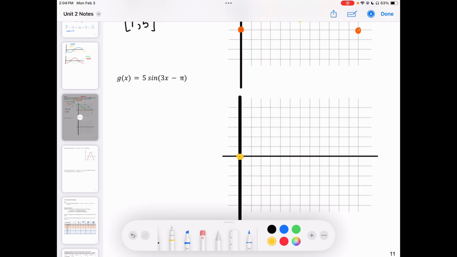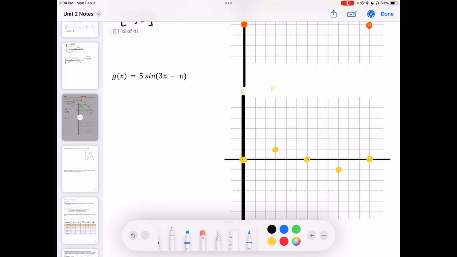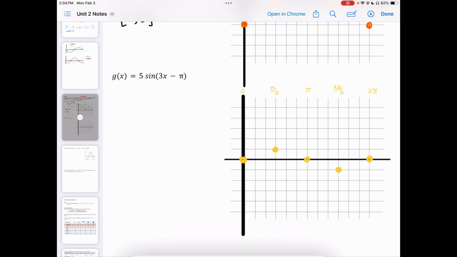So start at 0, finish at 0, 0 in the middle, a max at 1, and a minimum of -1. I will again label all those at the top. So 0, pi over 2, pi, 3 pi over 2, and 2 pi. So that way you can see them as well.